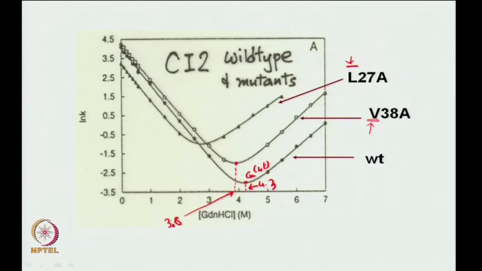As a result of the mutation, what has happened to the protein? In one word, destabilized. Okay. Now you go to L27A. Where does the Cm shift? You can see now the Cm shifts to somewhere here. So, this would be, say, 2.6.